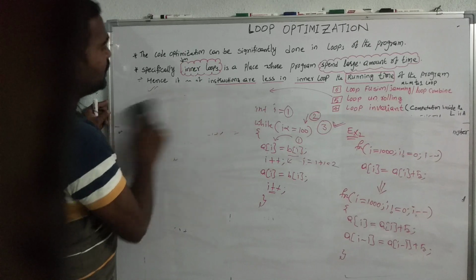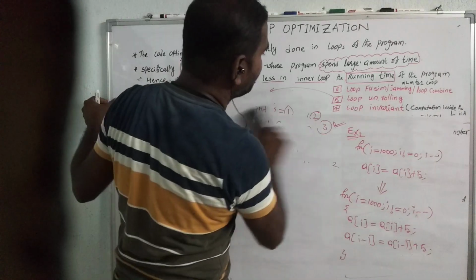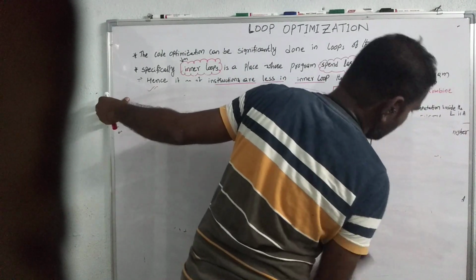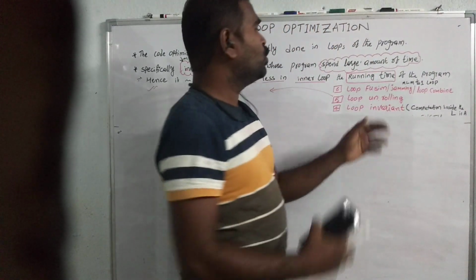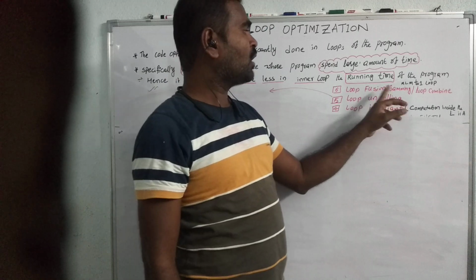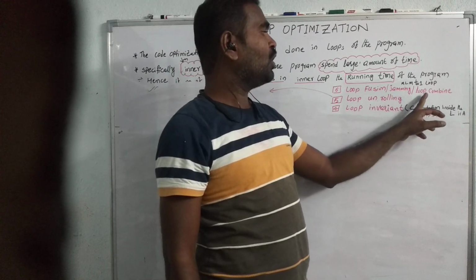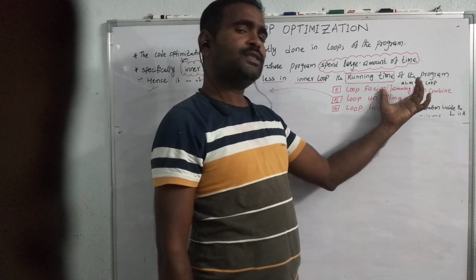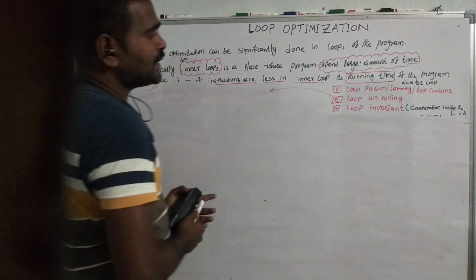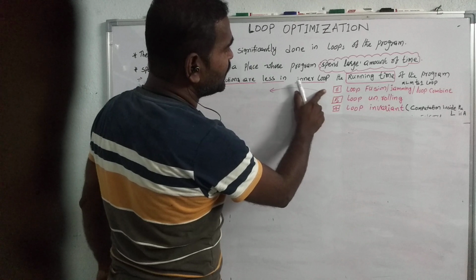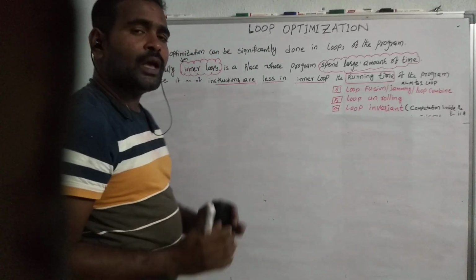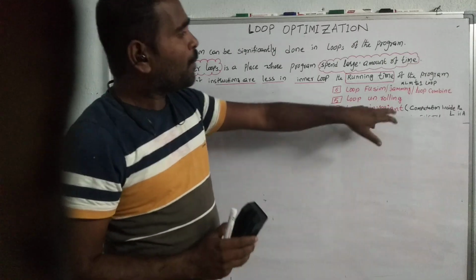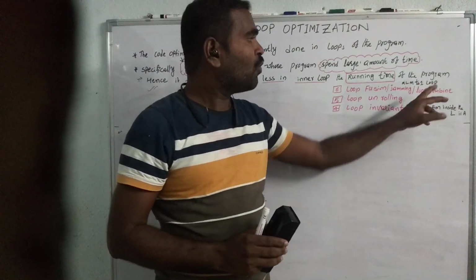Now finally I am going to explain about loop fusion. Loop fusion, loop jamming and loop combine are all the same. Loop fusion is a technique in which multiple loops are merged into one loop.